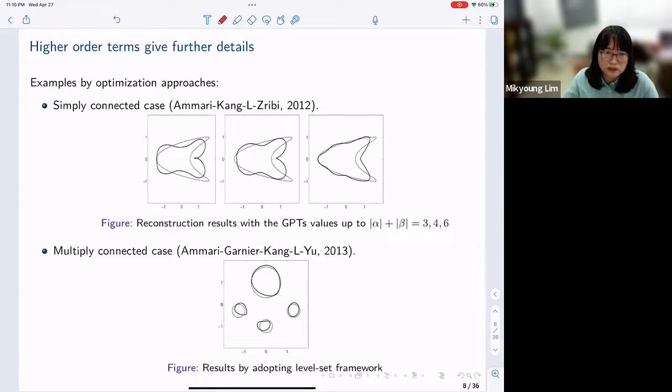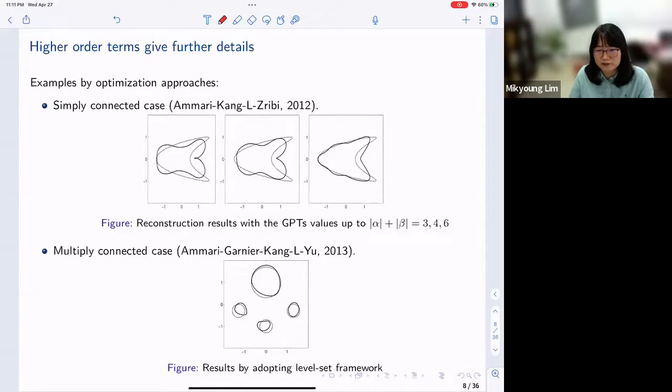So those two examples were obtained in collaboration with Professor Eshelby and Garnier and my former student Yu, using optimization approaches.